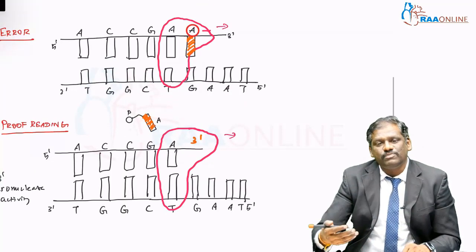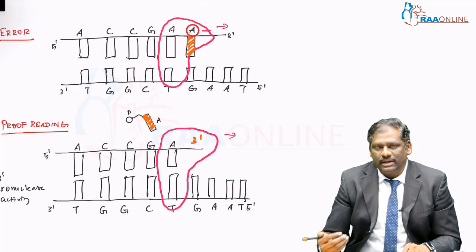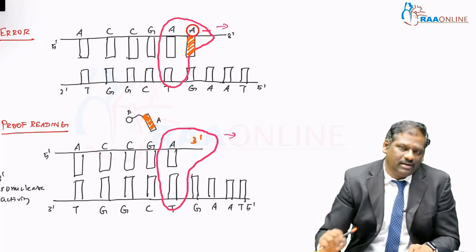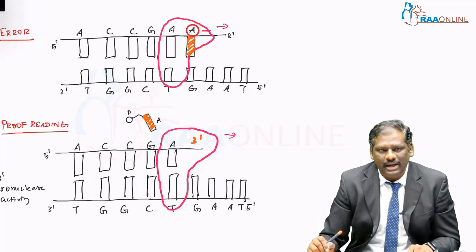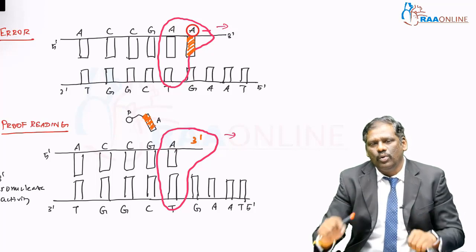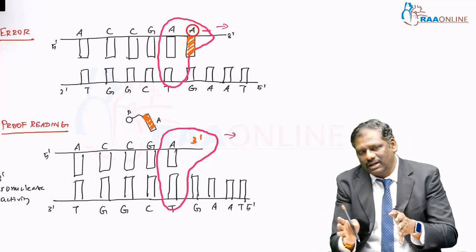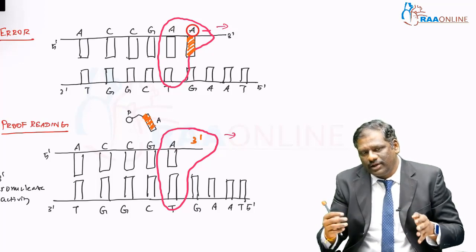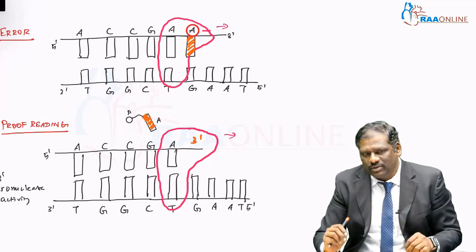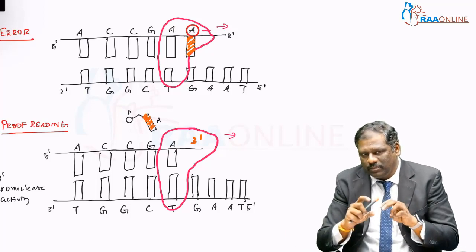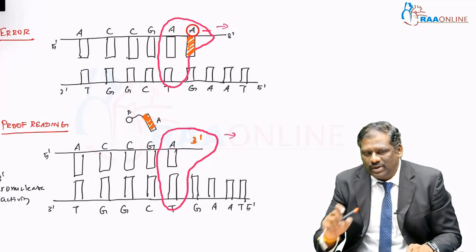Now with its proofreading property, it sees behind what it has done. It is like standing in a long queue and just popping out your head to see whether your kids are there in front of you or behind you, standing in the same queue. They haven't gone outside or they haven't got mixed up or missed. So it is the same like that.